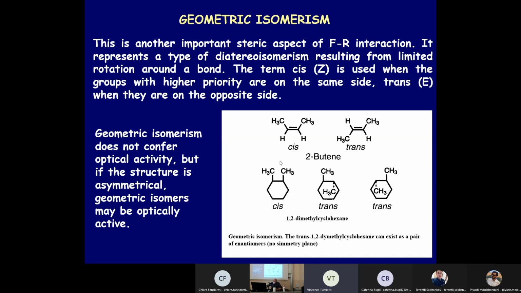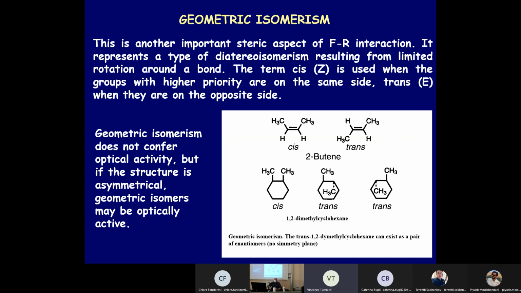Please, you can see this other example. 1,2-dimethyl cyclohexane. We have the two forms, cis and trans, okay. Z, zusammen and entgegen, okay. But in the case of trans, we have also the optical isomerism.